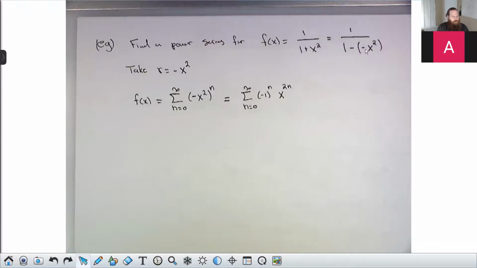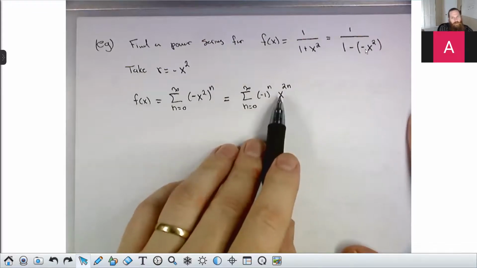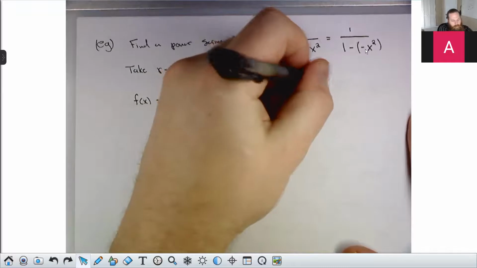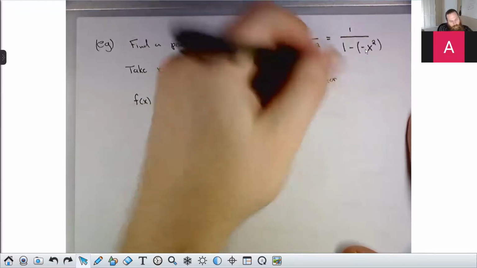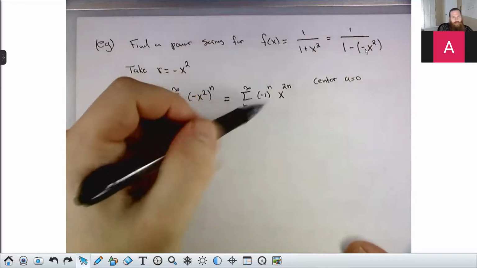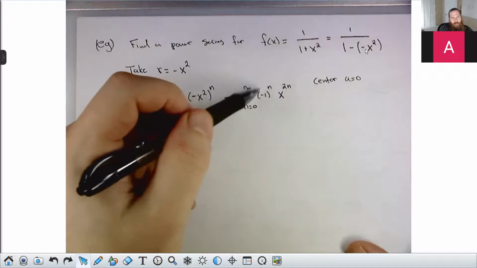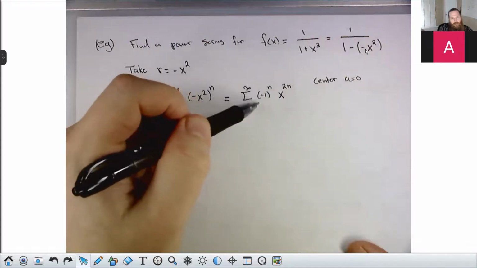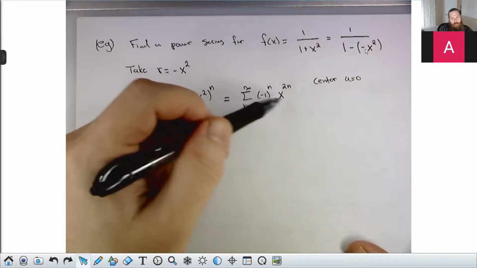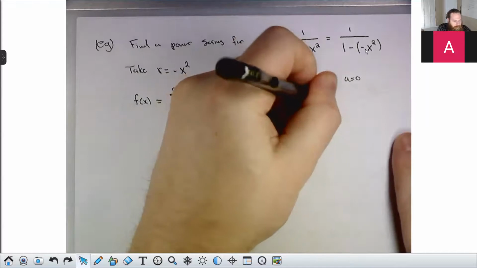The center here is still 0 because x to the 2n or x to the n, that's still like x minus 0 to the n. The coefficients now are a little bit more complicated because these aren't necessarily the numbers that match up with x to the n, they're the numbers that match up with x to the 2n. So the cn's here are a little harder to write down. If I was being careful about this, here's how I would write them down.